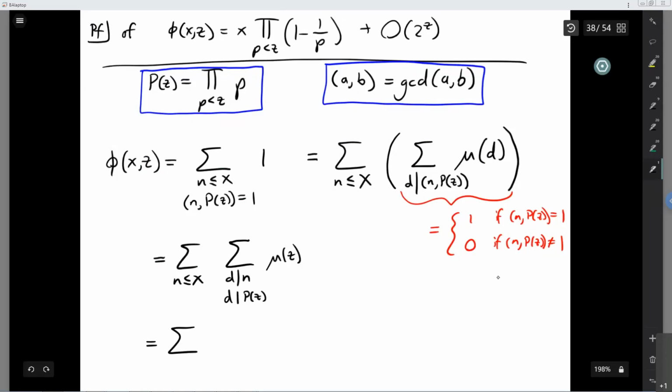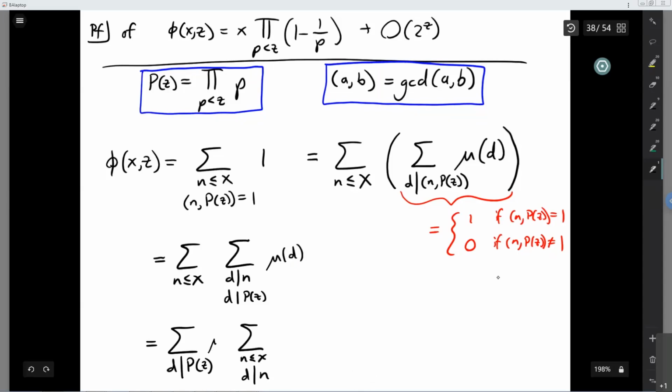So we're going to put the sum over D on the outside. So this is a sum over all possible divisors of P of z. And then for each one of those divisors, we want to sum over all n which are less than or equal to x and which are divisible by D. This should have a D in it, not a Z.